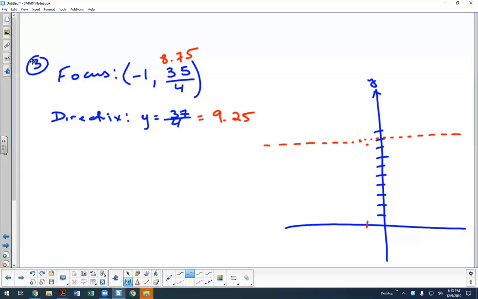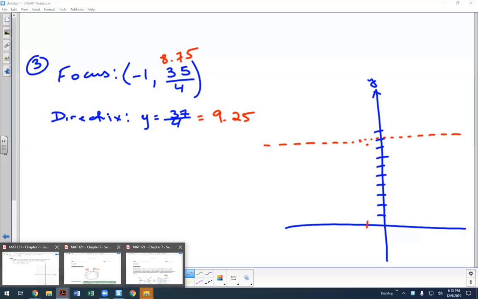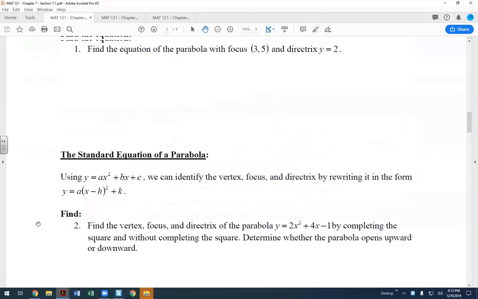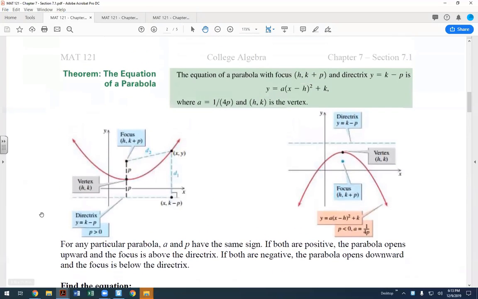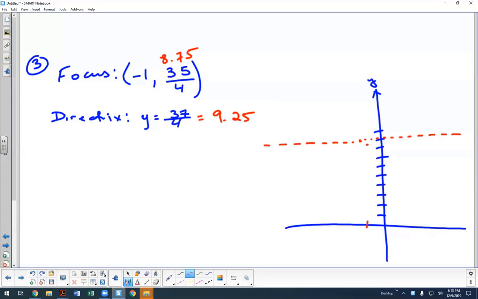We know halfway between the focus and the directrix is our vertex, because remember I was telling you guys that if you think in terms of the distance, that's the same distance between the focus and the vertex, and the same distance between the vertex and the directrix. So basically the idea is, what is halfway between 8.75 and 9.25? 9.